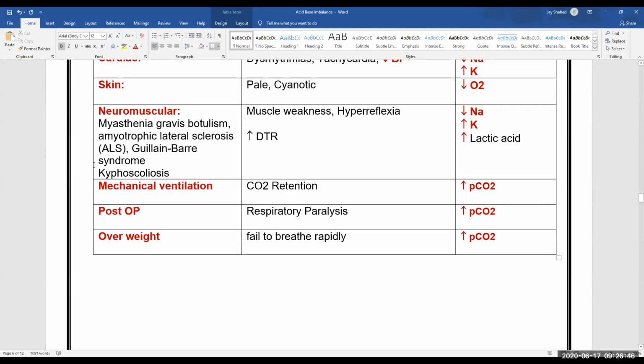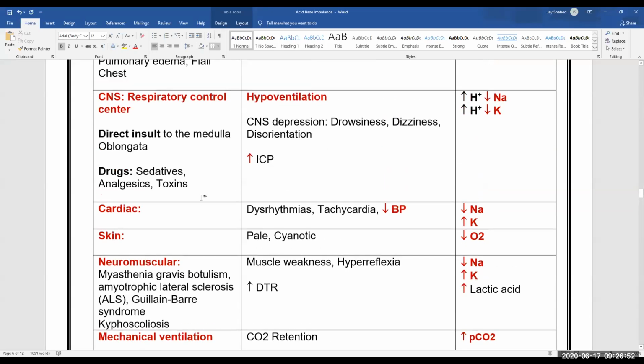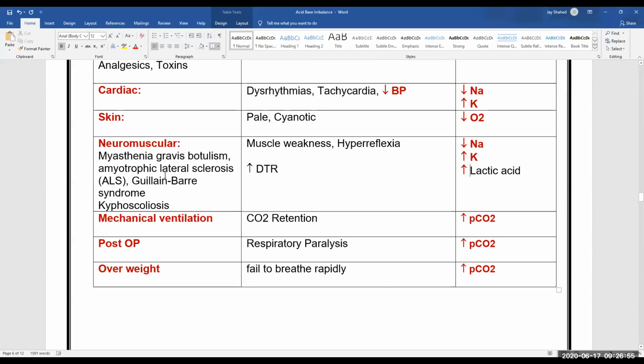This is more metabolic than respiratory, but eventually that type also retains CO2. When you retain CO2, you become acidotic, and with these issues, lactic acid is more direct to that.